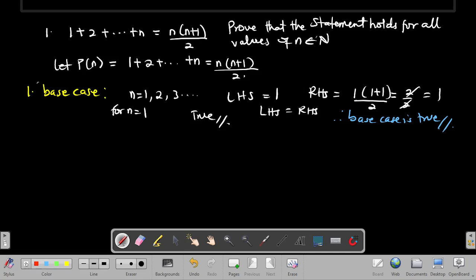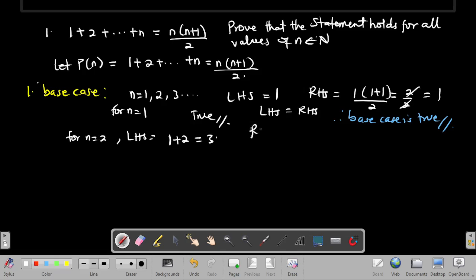Now let's try testing for when n is equal to 2. For n equal to 2, what do you see? On the left hand side, we have the first two terms being qualified. What are the first two terms? On my LHS, I'm going to have 1 plus 2, because I'm summing the first two. As I said, for n equal to 2, the first two, that is giving me 3, right?